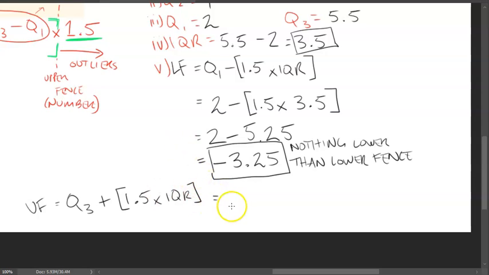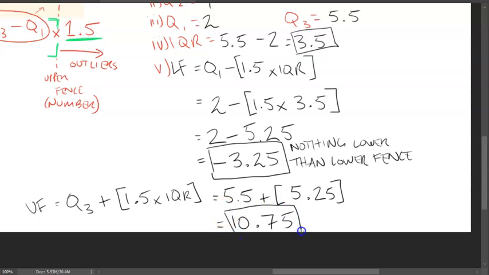Q3 in this case is 5.5, plus, now we already know what 1.5 times the IQR is because we worked it out here. So it's 5.5 plus 5.25, which we've got here. And 5.5 plus 5.25 is 10.75. So this is our upper fence.